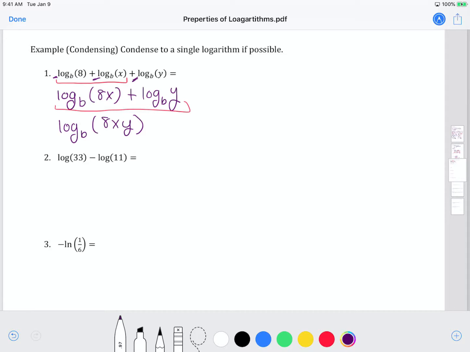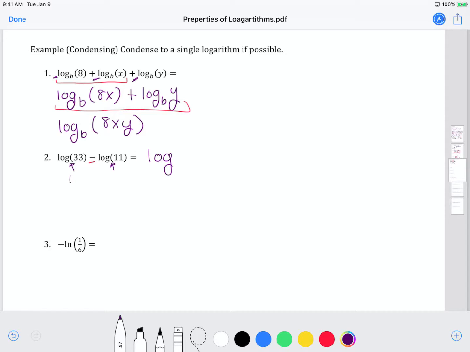Okay, in the next example, I have a subtraction. So I know I'm going to be using the quotient rule. I don't have any coefficients in front of the logs that I would first need to pull up as exponents. So I can go directly to using the quotient rule. I'm going to rewrite this as one log because my bases are the same even though it's not written in there.